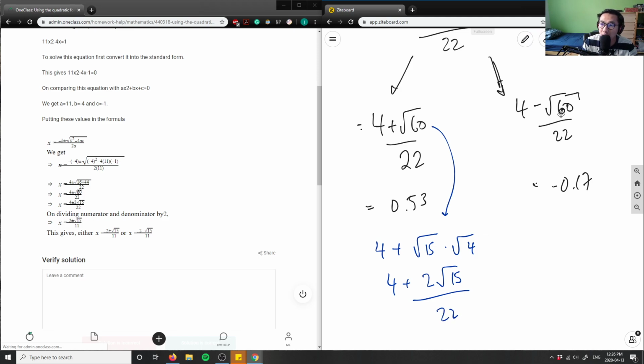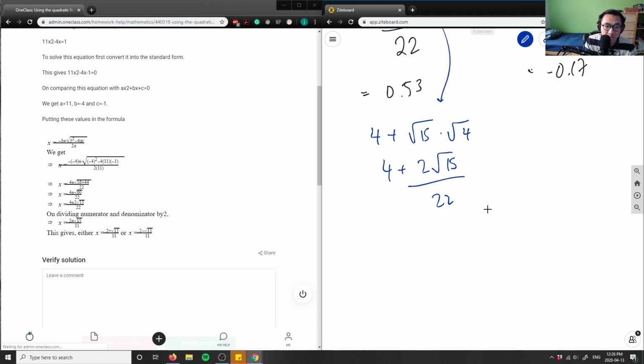Then they factored out the 2 from the numerator, getting 2 times 2 plus minus root 15 over 22, and this cancels out to 2 plus minus root 15 over 11. That's what they did here for both sides.